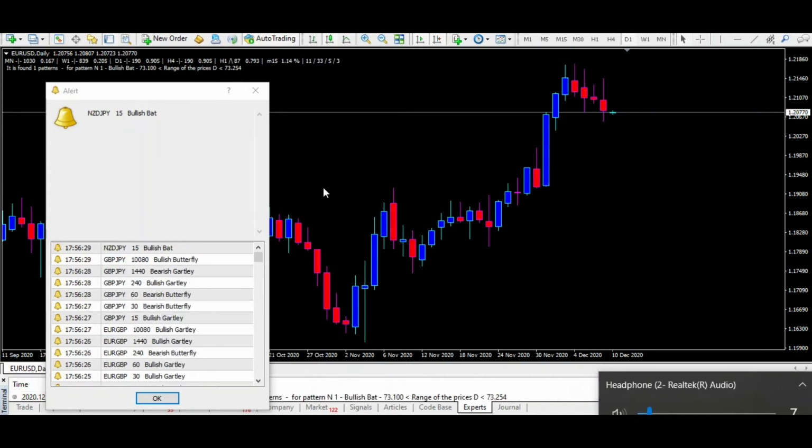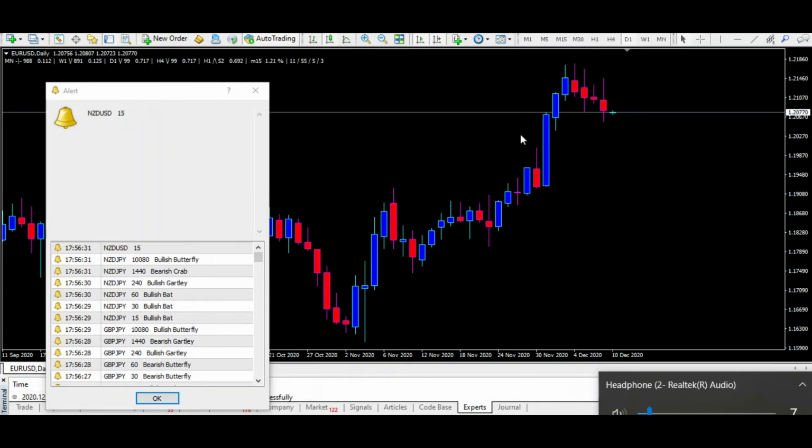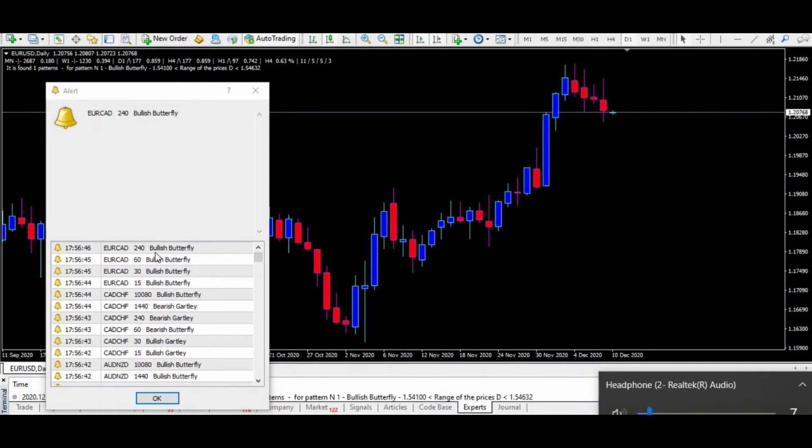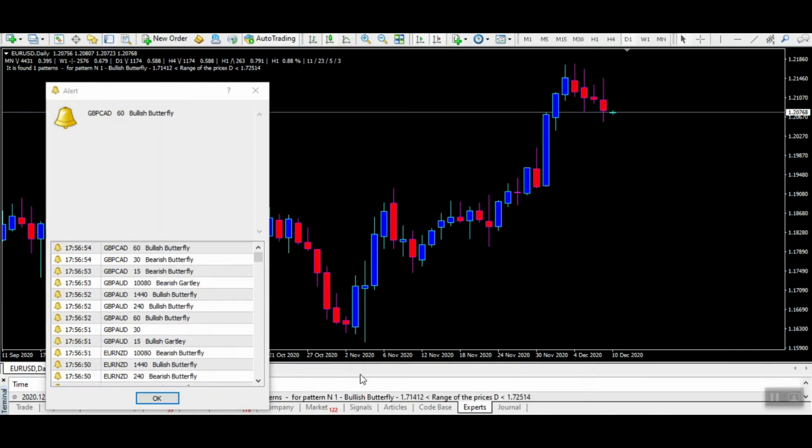It's going through every one of them, and it's looking for the patterns. And if it sees a pattern right there, you see bullish, bearish butterfly, bearish, whatever, they're going too fast for you to read it. But here they are. Also, because I have it coded to alert, these would be the alerts right here. I also have it coded to print to your journal.